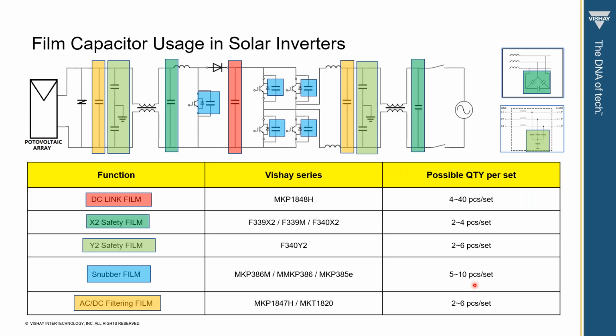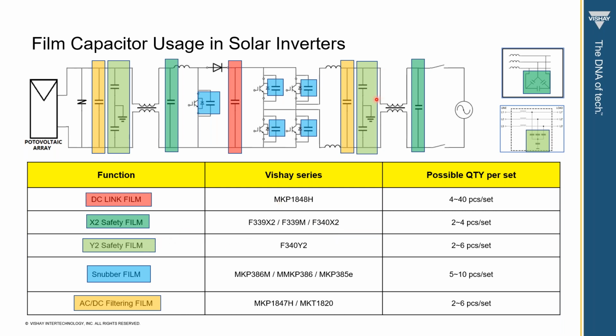In this table, we are showing the different types of film cap usage in solar inverter systems. For the DC link film cap, we have the MKP1848H and other MKP1848 series, and normally the usage is 4 to 40 pieces per set. Then we have the X2 film cap: the F339X2, F339M, F340X2 series.